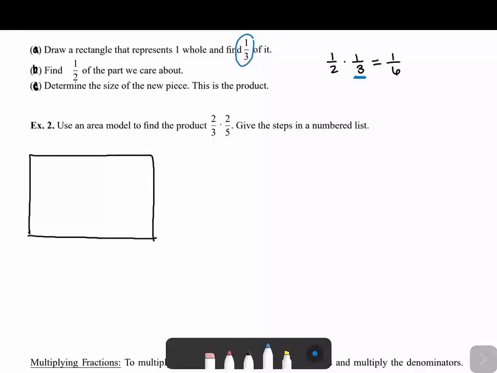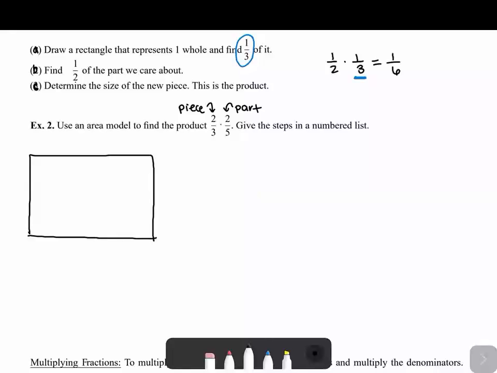So that is one thing to notice about the area model: because we're finding a piece of a part, that means that we do the part first and then we find the piece of it.